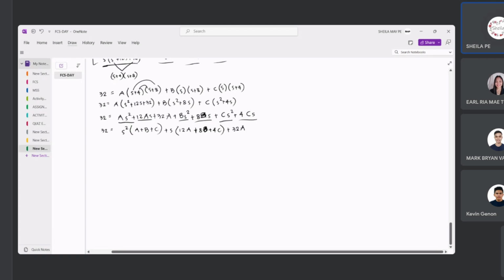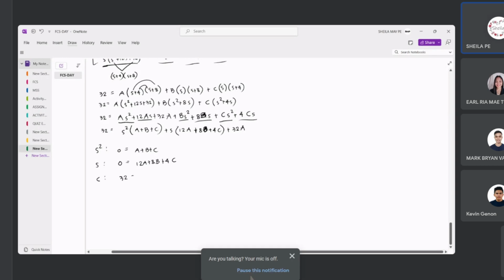Okay, so evaluation, let's start with the highest degree, s squared. Do we have s squared on the left side? No. On the right side, yes, we have A plus B plus C. Do we have s on the left side? None. On the right side, that's 12A plus 8B plus 4C. Do we have a constant on the left?